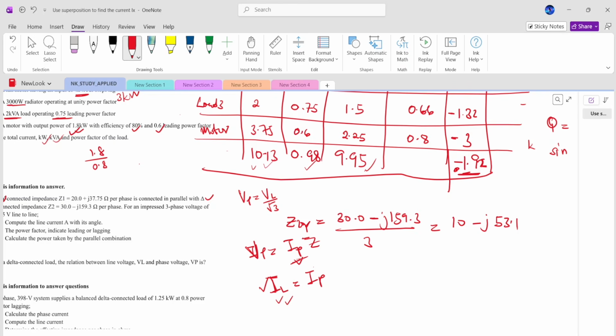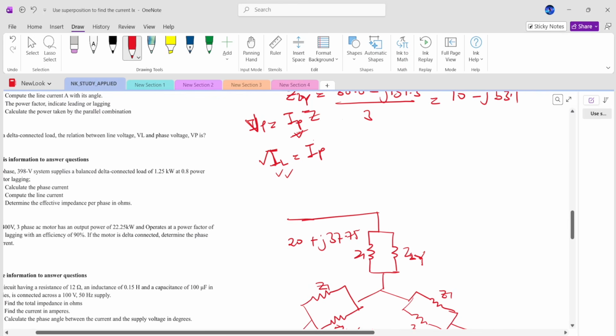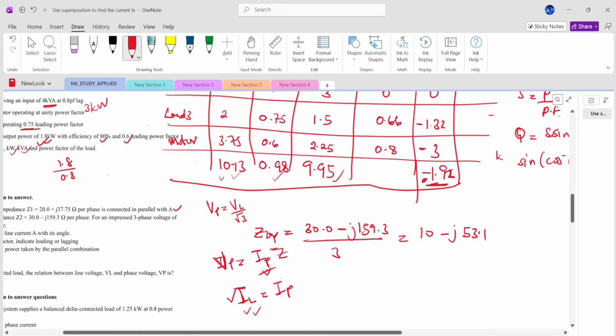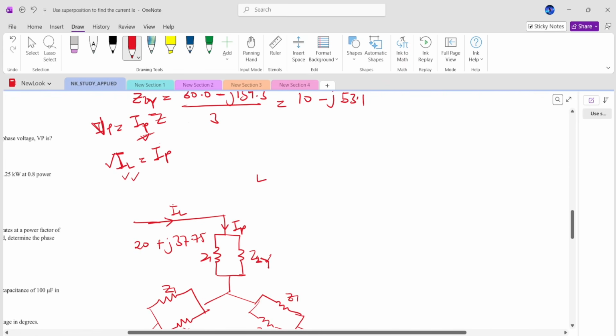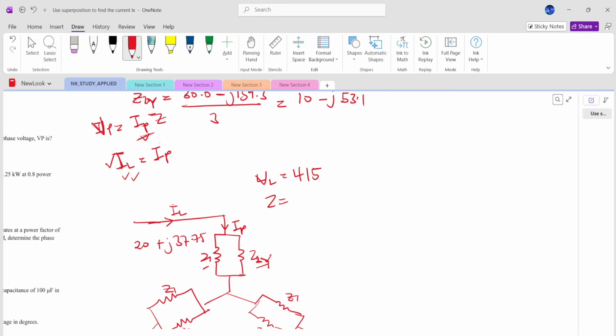So question, how do we find the I per phase? We have two loads like this in parallel. This is going to be my phase current IP, and it's the same as my line current. My impressed voltage V line is 415 line to line. The voltage across Z1 and Z2 star are the same, and it's the phase voltage.